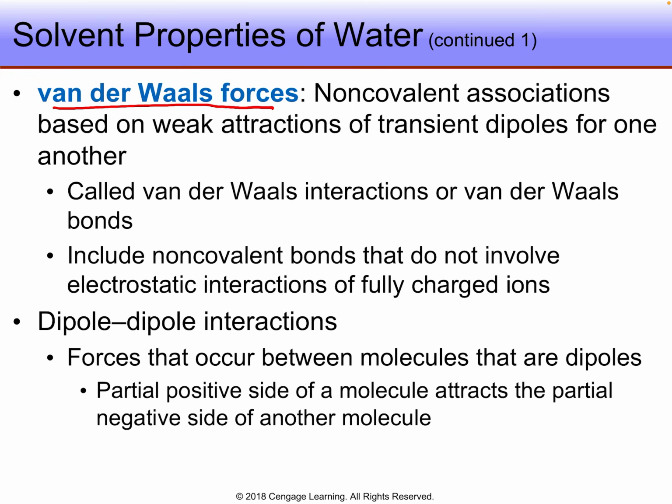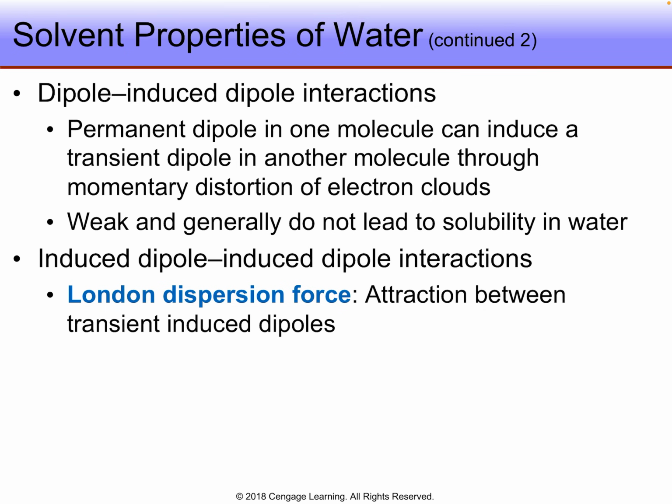Dipole-dipole interactions are the forces I just showed on the previous slide, between two permanent dipoles. Dipole-induced dipole is when you have a permanent dipole and something that is normally nonpolar. And induced dipole interactions, these are London dispersion forces, and these are between two things that are normally completely nonpolar.